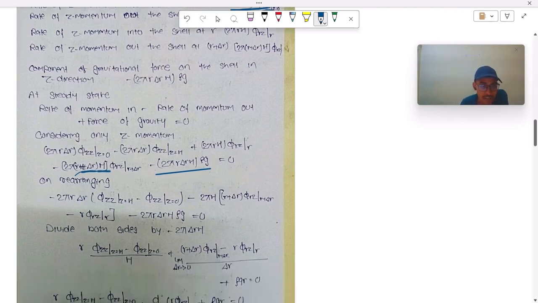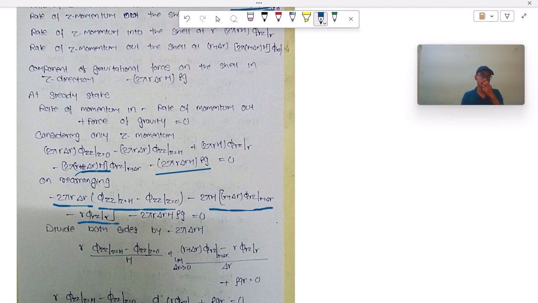On rearranging the terms, taking minus 2 pi r common, we get phi zz at z equal to h minus phi zz at z equal to 0, plus 2 pi h times (r plus delta r) phi rz at r plus delta r minus r phi rz at r, minus 2 pi r delta r h rho g equal to 0.